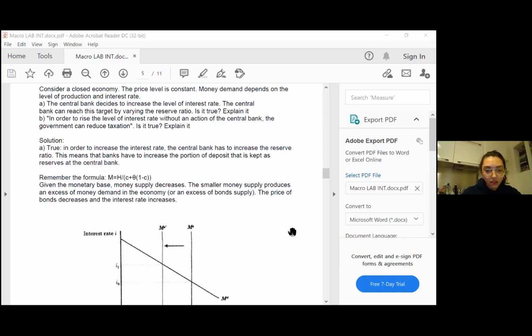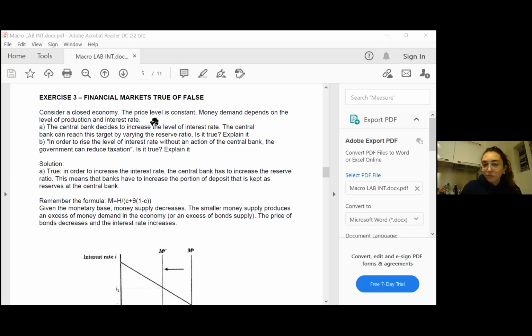In point B, the money supply is exogenous. I mean, it doesn't really change the question, right? Because it's either the money supply that is exogenous, or it is the interest rates, but the central bank can control one via the other, right?